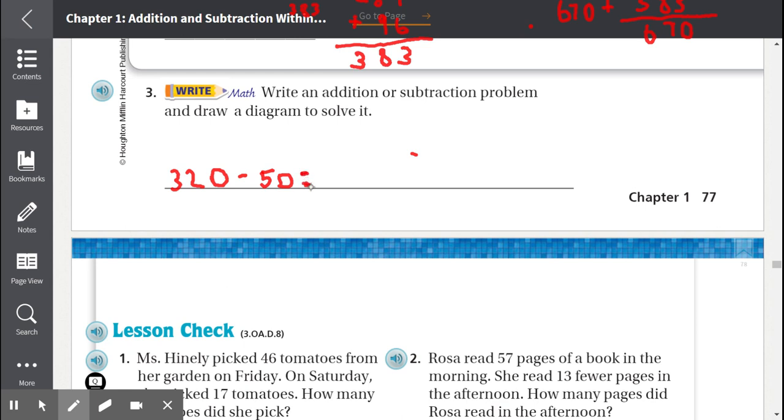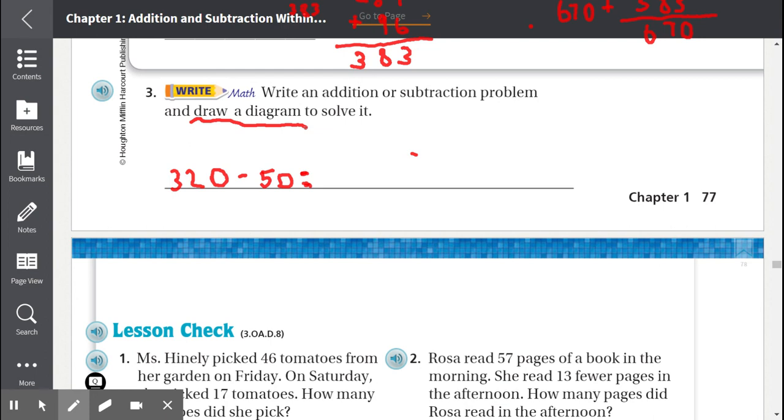So now we have to create a diagram. So we're going to draw a diagram to solve it. Let's use a bar model. So we have 320 minus 50.